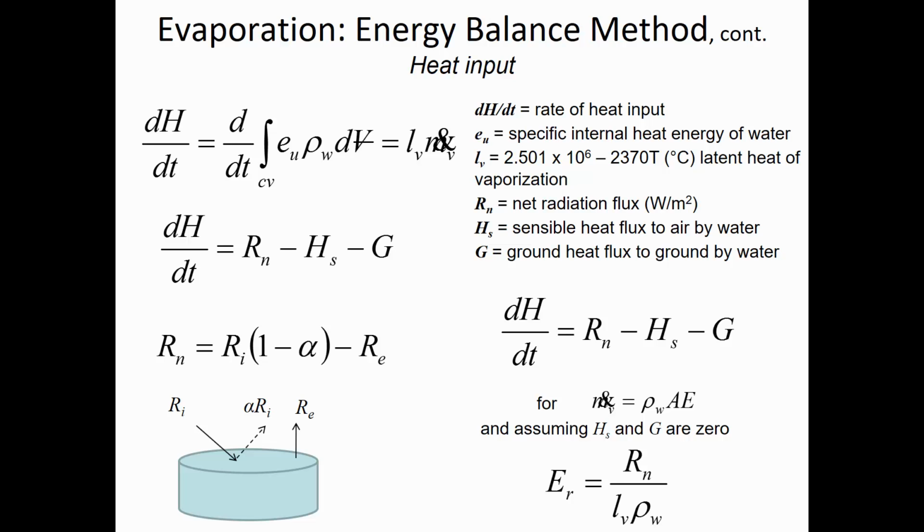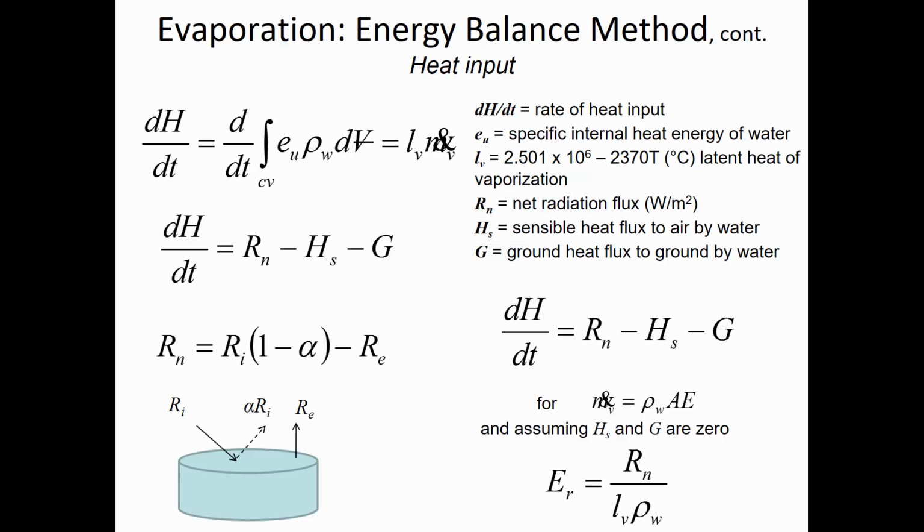It's the difference between the incoming and the outgoing that drives the evaporation. So R sub n is that difference. Here's the formula on how you can calculate the R sub n if you know alpha, which is the fraction of the radiation that is scattered due to reflectance.